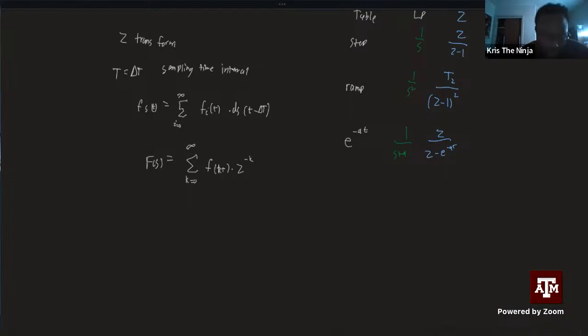So yeah, let's just do a quick example, and I'm calling it for the day. Quick example. You have Y over U of s, and that equals 1 over s plus 4, and this is the sampling interval.